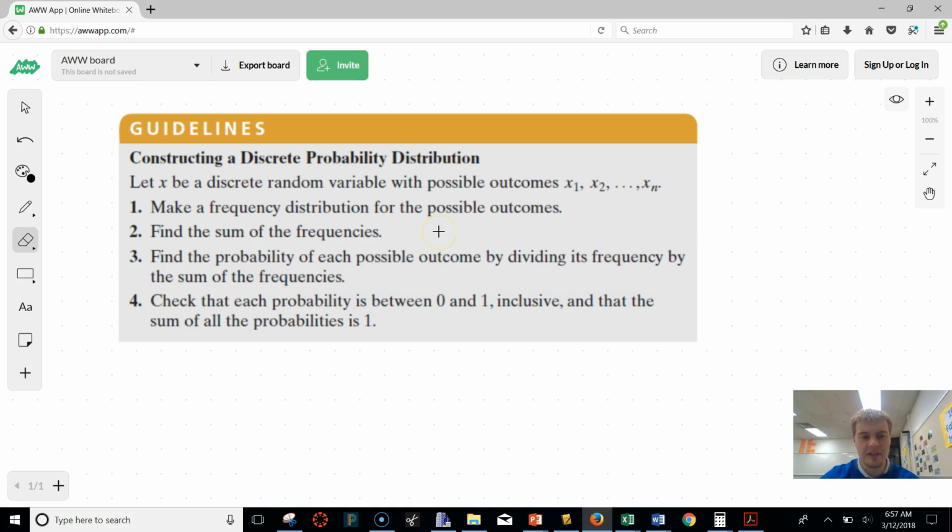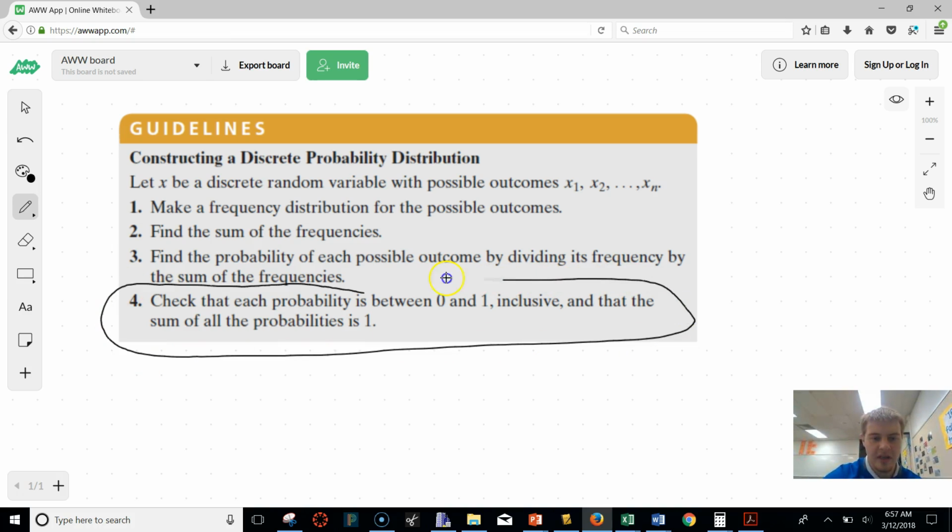But the most important part is that for any of these distributions, if you add up all their probabilities, they have to be between 0 and 1, and when you add them all up, you get 1, or 100%.